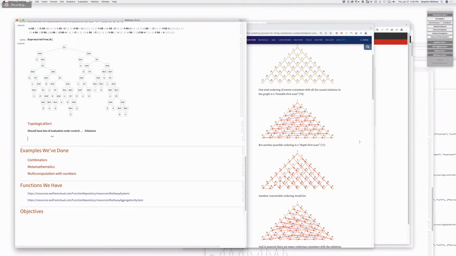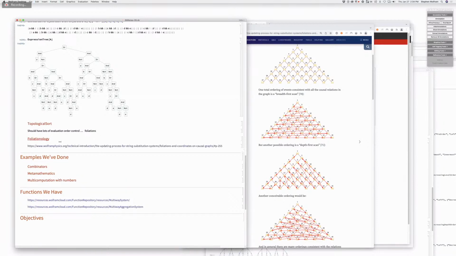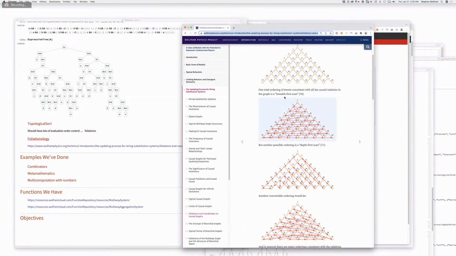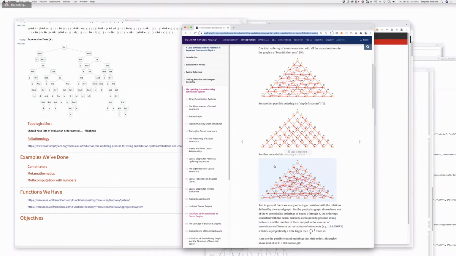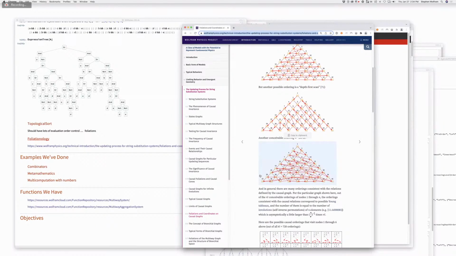Okay, so here, this is basically foliation theory. Okay, reminder. This is defining a partial order. And then I'm thinking of foliage when you say that, like green trees and stuff.